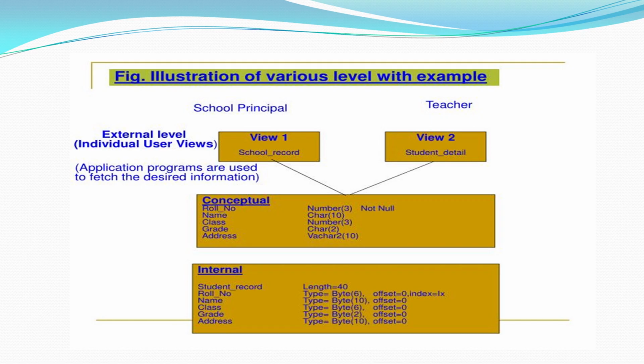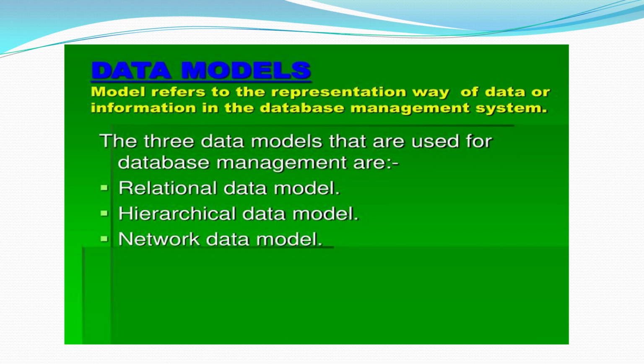The internal level discusses the physical details of data storage, how and to what extent data is stored, while the conceptual level deals with the logical details of the data, and the view level is dealt with by the viewers or users.